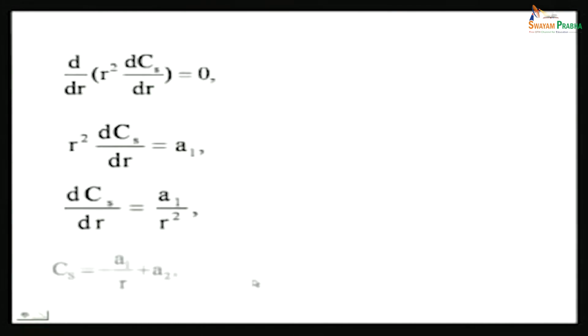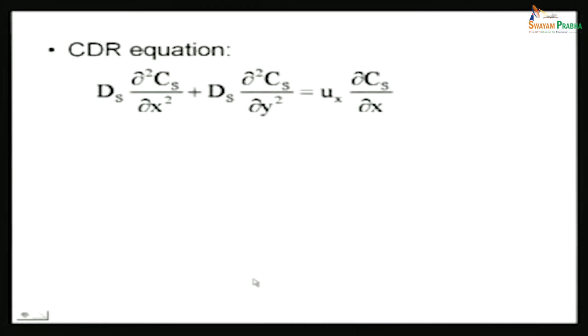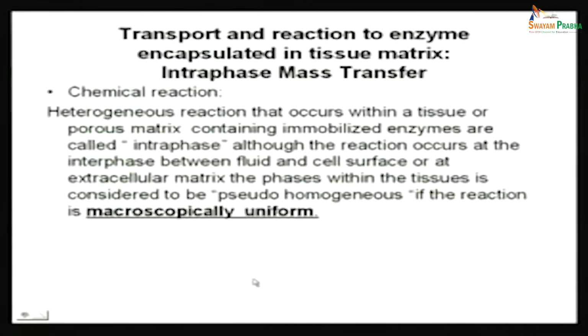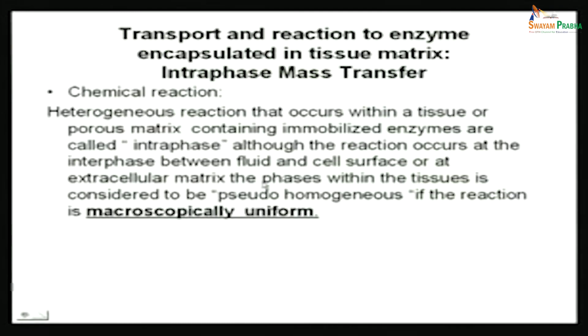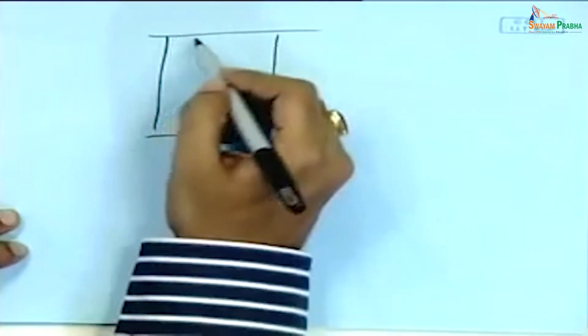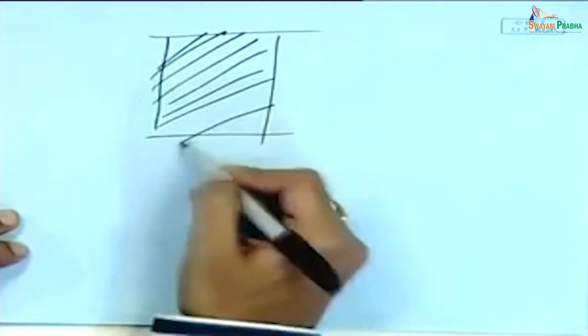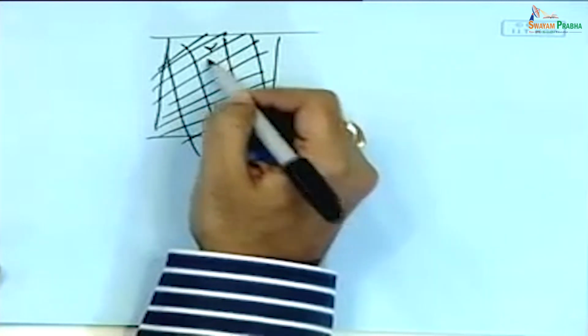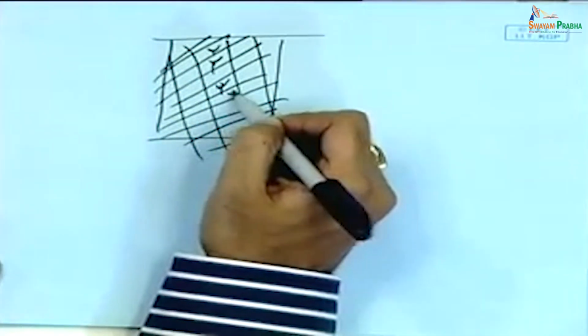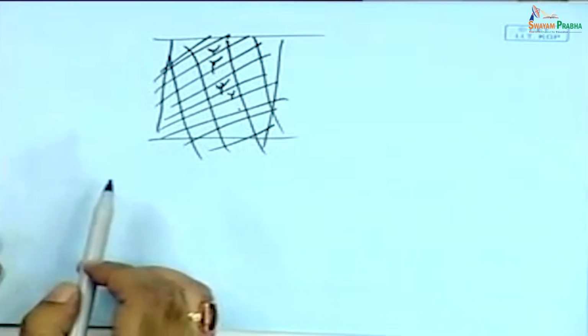So now let's look at what the difference is and how to study this. What kind of models can we make? The first important thing that I want to discuss is the concept of pseudo-homogeneous reaction, and we did that before. So if I can attract your attention to this, my enzymes are, let's say, at these points.